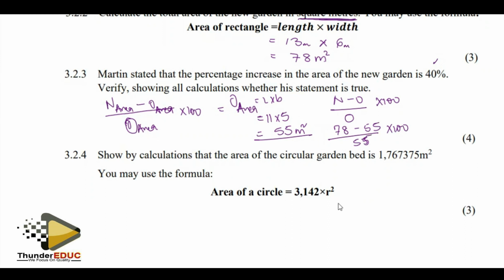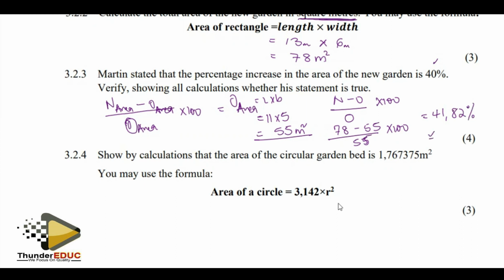What answer do I end up having? 78 minus 55 is 23, divided by 55 times 100. So the answer here, you have it as 41.82%.